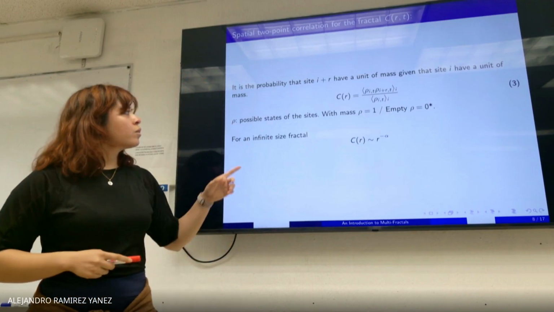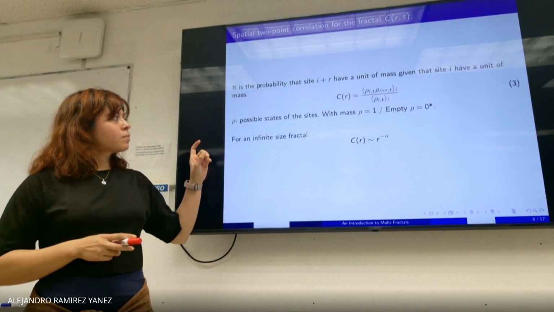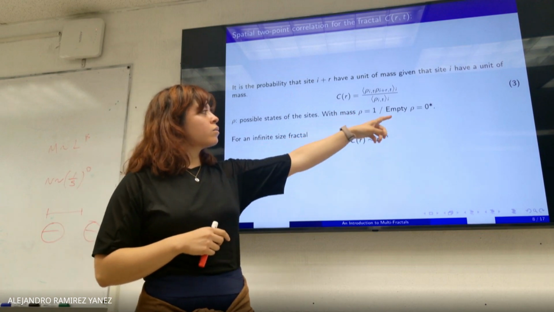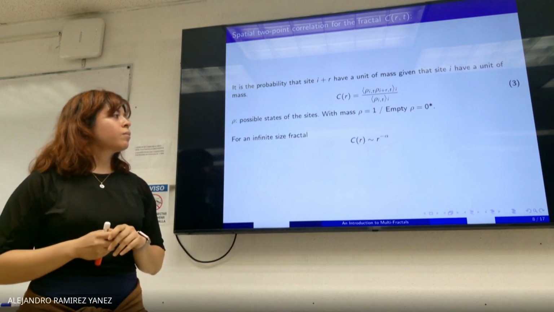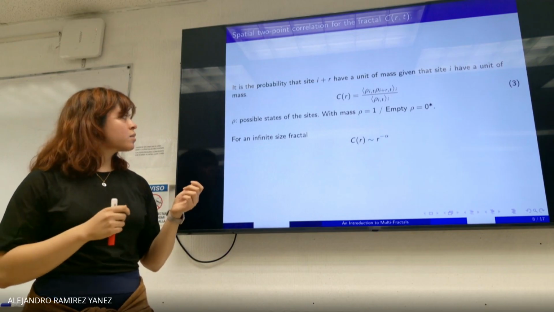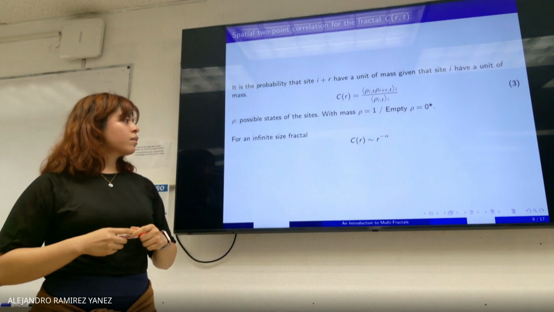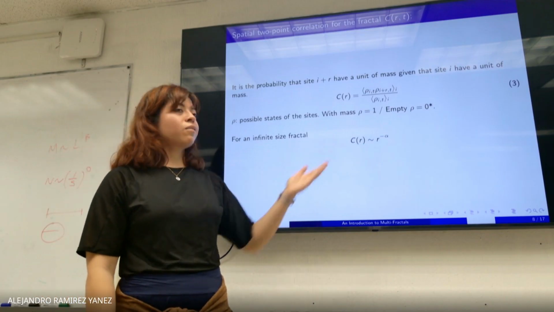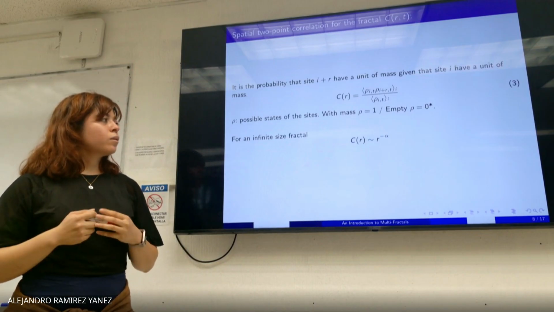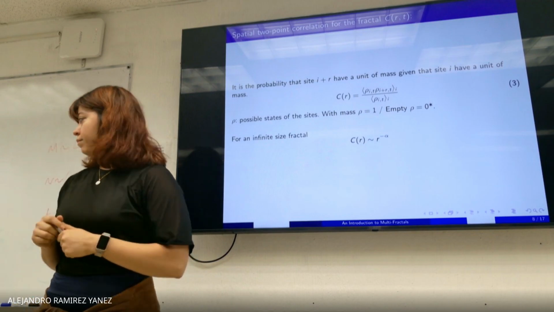Well, rho is the possibility of having mass: rho is equal to 1, and rho is equal to 0 for empty sites. And so for an infinite fractal, you will have only this behavior in the two-point correlation, and it follows a power law with exponent minus alpha.